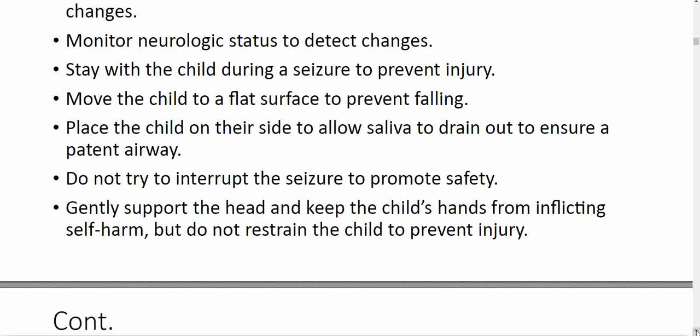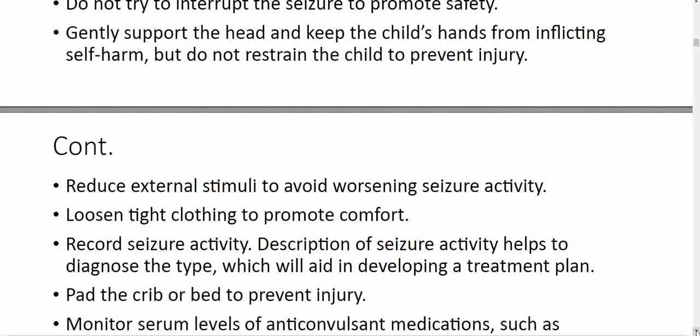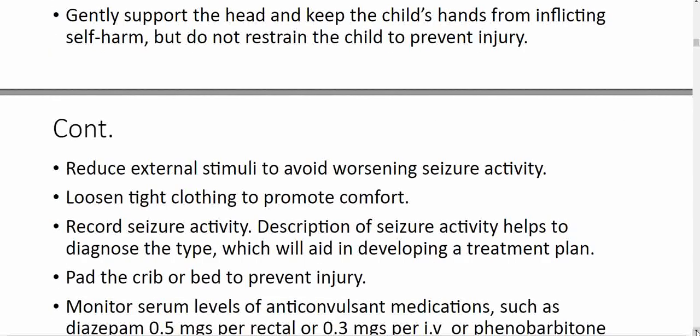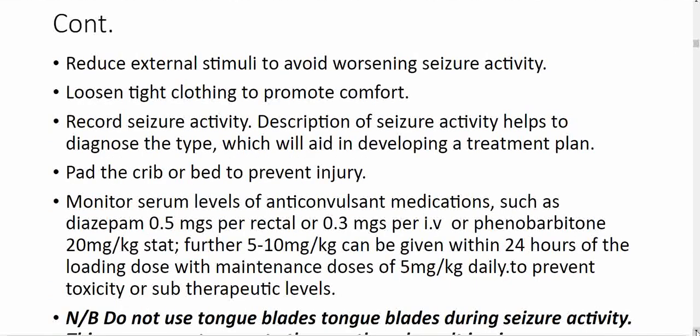Gently support the head and keep the child's hand from inflicting self-harm, but do not restrain the child, to prevent injury. Reduce external stimuli to avoid worsening seizure activity. Loosen tight clothing to promote comfort. Record seizure activity. Description of seizure activity helps to diagnose the type.